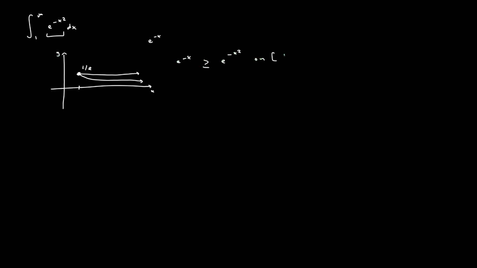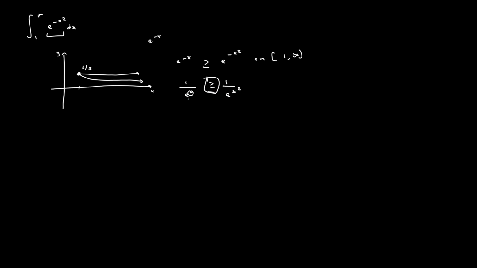And the way to see that is e to the minus x is simply 1 over e to the x, and this is 1 over e to the x squared. To determine the directionality of the sign, we simply have to compare e to the x versus e to the x squared.